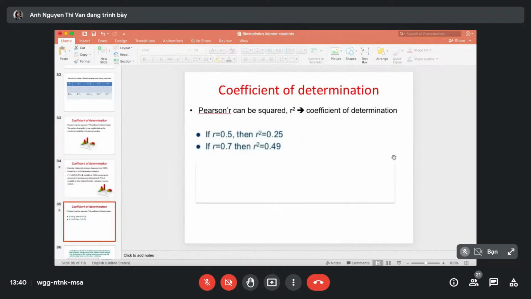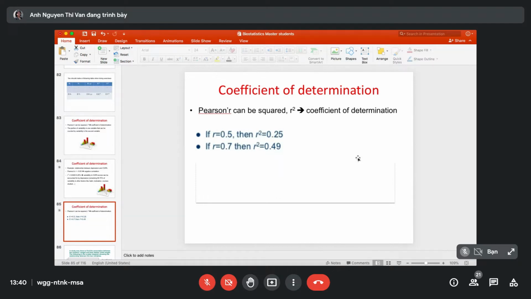So when R is 0.5, what is the coefficient of determination and what can you conclude? R is 0.5, so the coefficient of determination is 0.25.